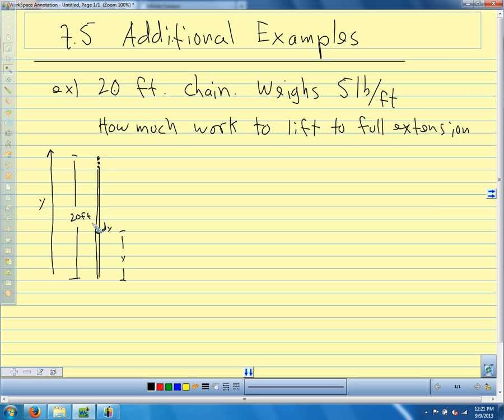So, the weight of each section is the amount of force that it's going to take to lift that section of chain. So the force is going to be the weight per foot times the length, 5 times dy. And each little section dy is lifted a distance of y feet.